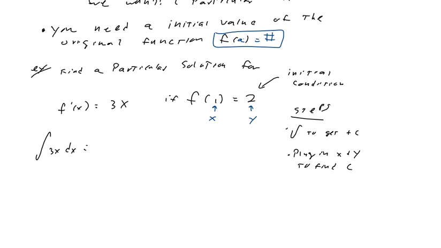The 3 stays in front. That 3 is a constant, it just pops out. For the x, I use my power rule: I'm adding 1 to the exponent, so I'm going to make this x squared. And since I added 1 to get the 2, I have to divide by 2 as well, plus c.